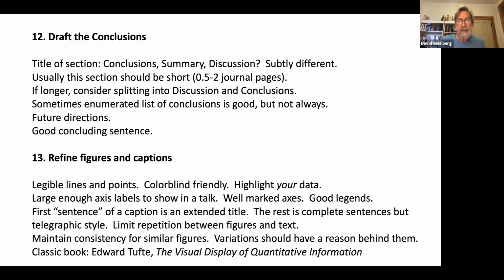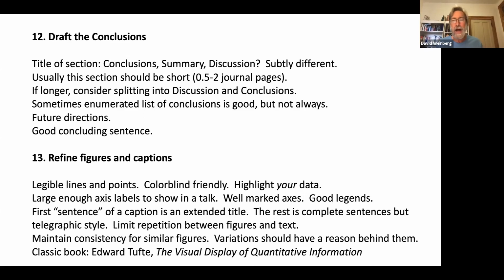The way I write captions, the first sentence of a caption is not actually a sentence. It's a title. So it is, predictions of the model for the density profile of galaxies, or something. So it's a statement, but after that first sentence, everything else should be complete sentences, written in a kind of compact telegraphic style.